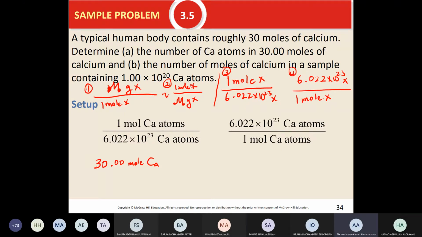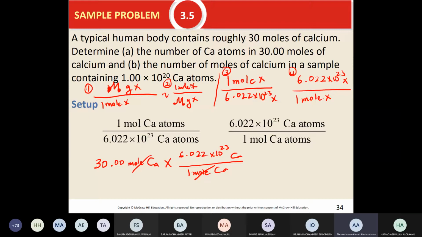The fourth one. So this is equal to 6.022 times 10 to the power 23 calcium divided by 1 mole calcium. Why did you use the fourth one? To get rid of the mole. Is this clear? Yes.